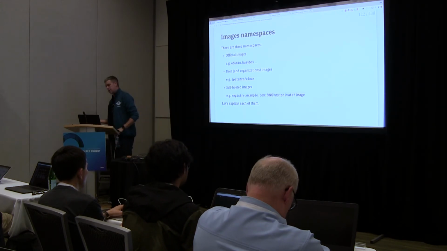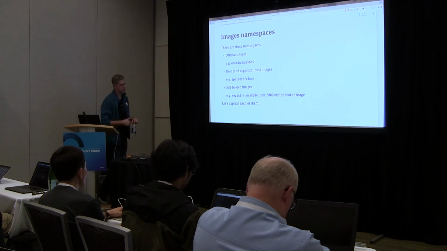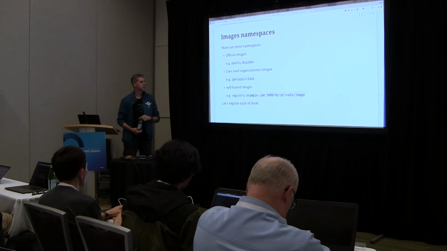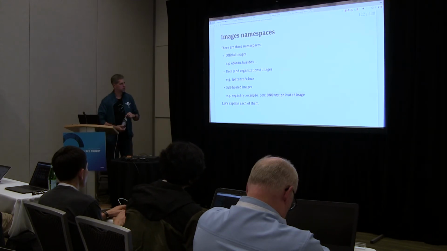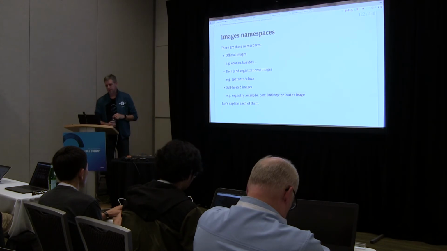And many public cloud providers also have registries you can use. Google Cloud has a registry, Amazon has a registry, IBM Cloud has a registry, Azure has a registry, and there are even other providers. So again, that's understanding how image references work.